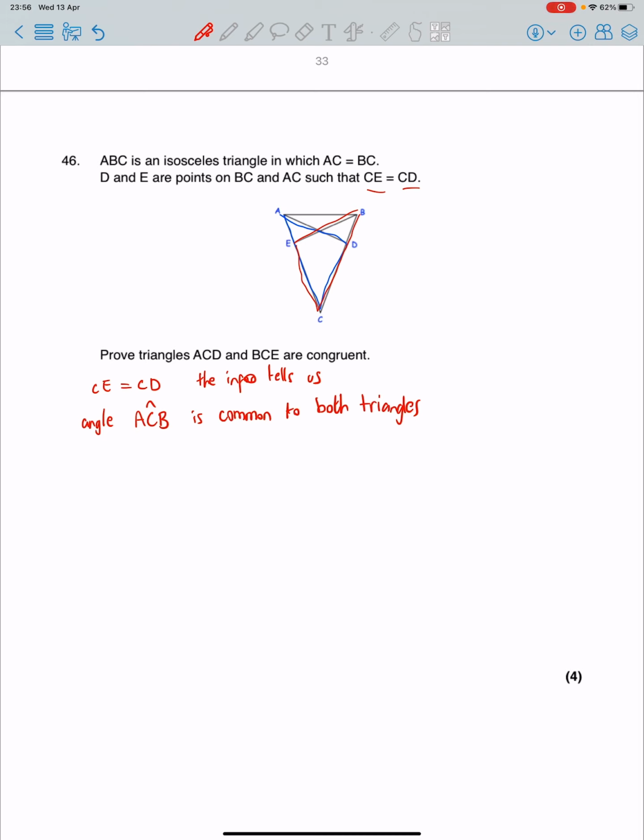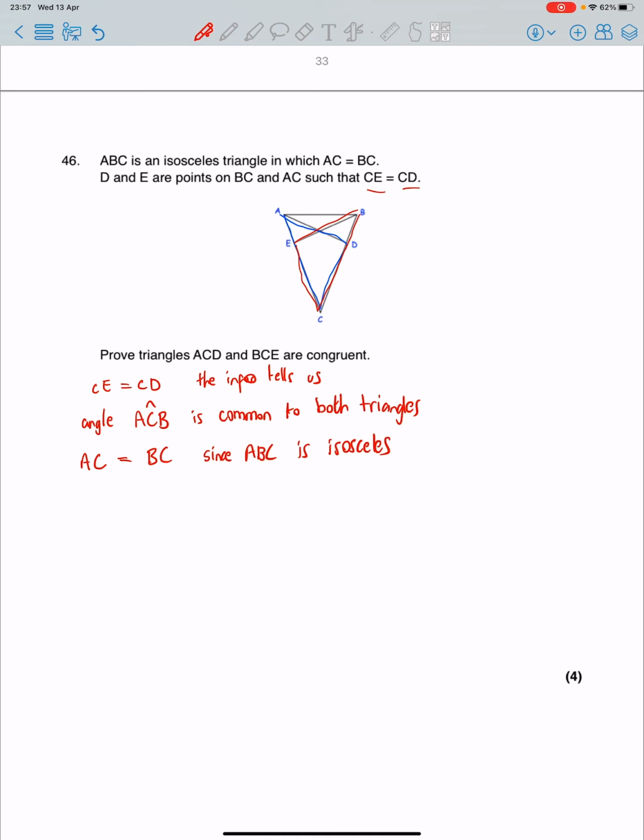Well, it's an isosceles triangle. Yeah, it's an isosceles triangle. So we know that AC is equal to BC, since ABC is isosceles. So we've got information there. So with that information, can we use that information?